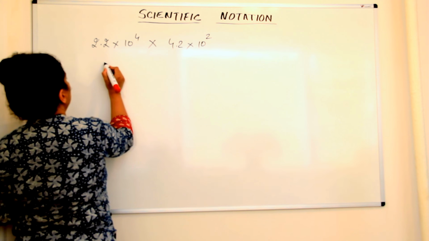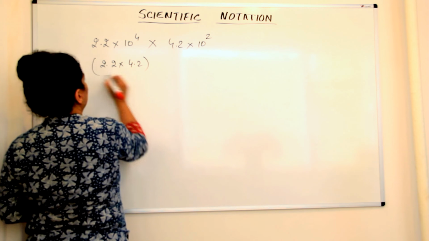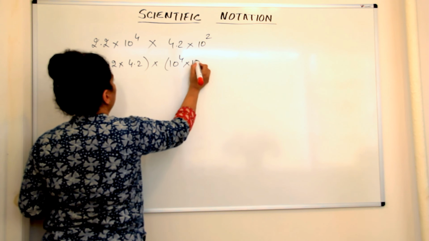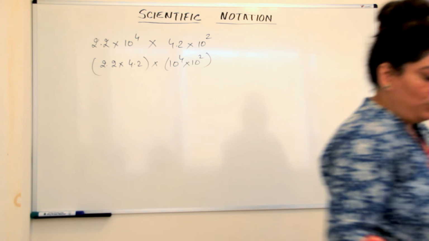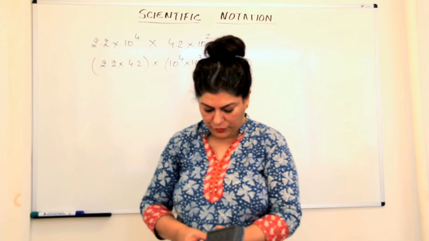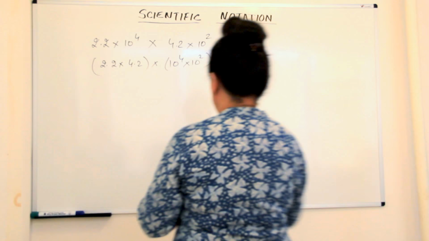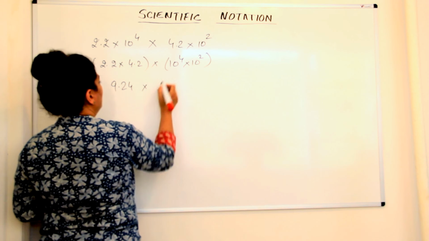So this would become 2.2 into 4.2 into 10 to the power 4 into 10 to the power 2. 2.2 into 4.2, I'll use a calculator. 2.2 into 4.2 would be equal to 9.24. This would be 9.24 into 10 to the power.